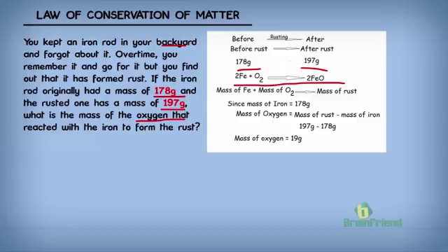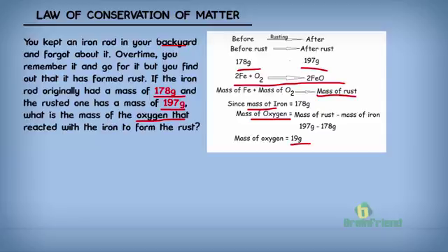So for us to find the mass of oxygen that reacted, mass of iron plus mass of oxygen equals mass of rust. Therefore, mass of oxygen alone will be mass of the rust minus the mass of the iron rod. So mass of the rust was given to us as 197, and mass of the iron was given as 178. If we subtract this, we'd have 19 grams.